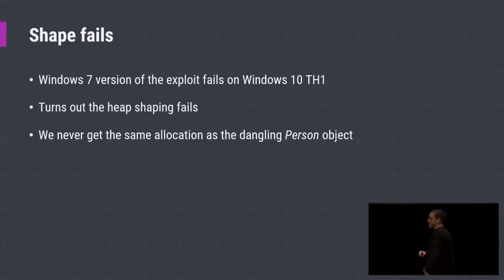And the shape fails since we have a massive change between the allocator, the LFH, in Windows 7 and in Windows 8. Seriously, a lot of really cool and awesome engineers invested a lot of time in that, and the LFH looks extremely different.